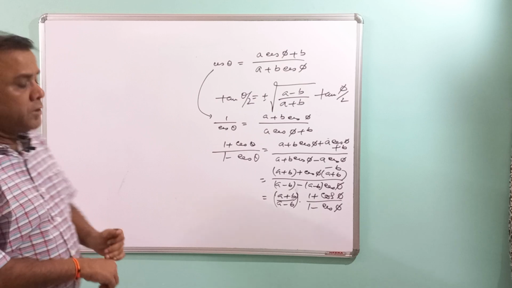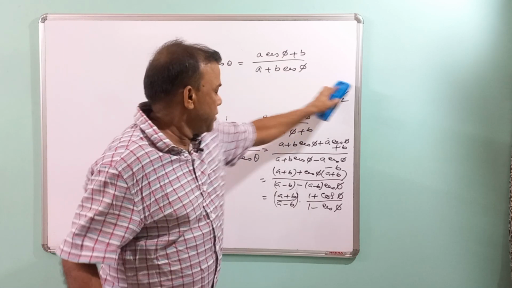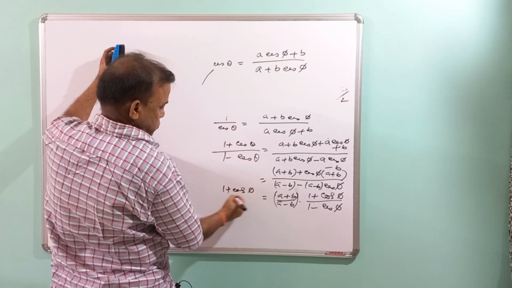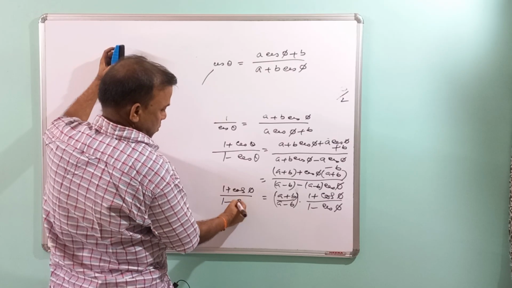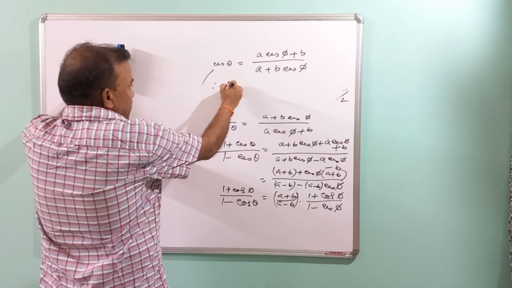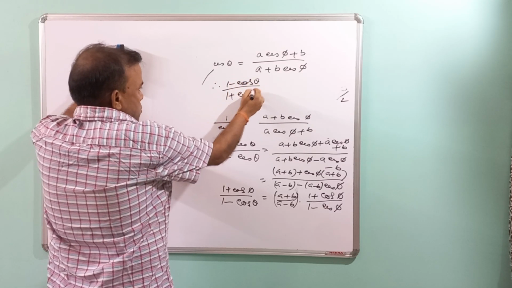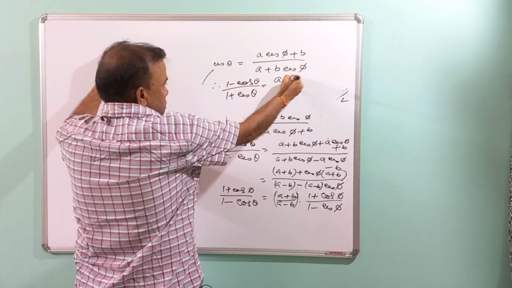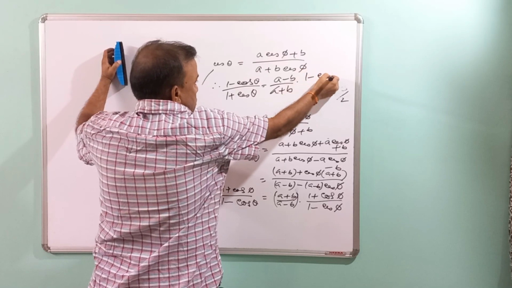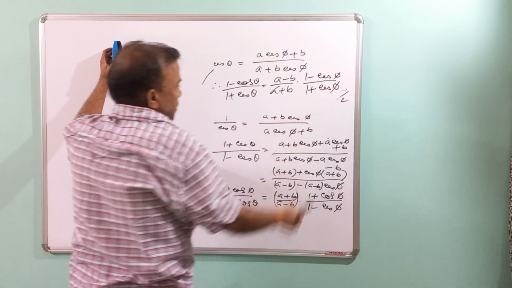Okay, taking reciprocal of this relation, we get (1 minus cos theta) by (1 plus cos theta) equals (a minus b) by (a plus b) into (1 minus cos phi) by (1 plus cos phi).